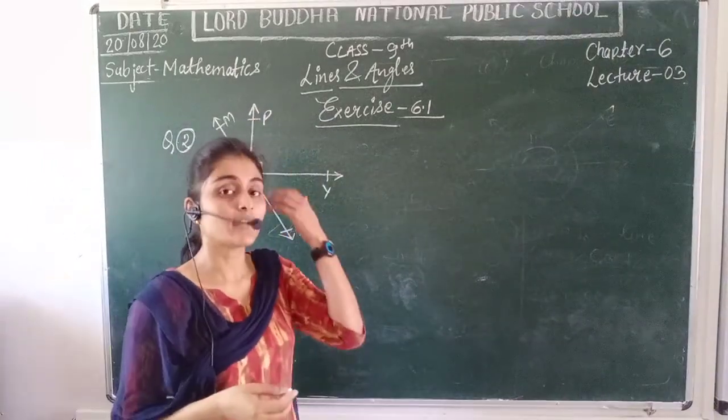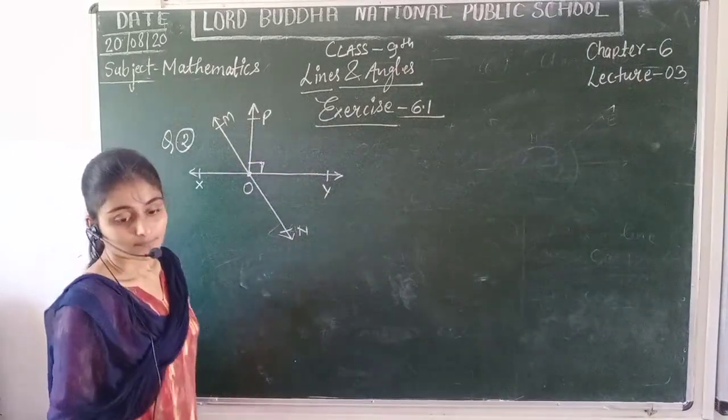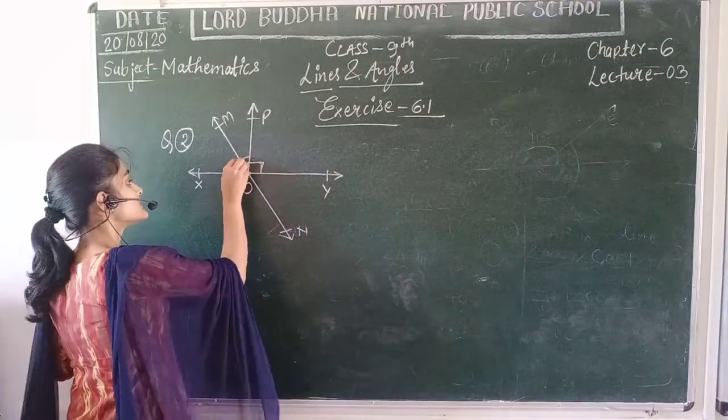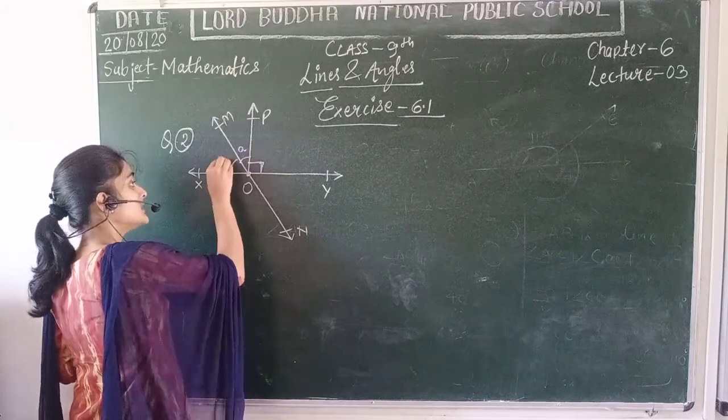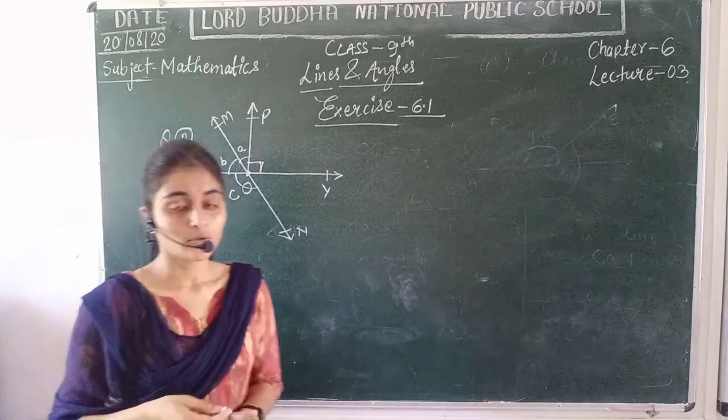Perpendicular means it is 90 degrees, right? It makes 90 degrees with the XY line. Now, these three angles are named A, B, and this one is C. Okay, this figure is given in your textbook.